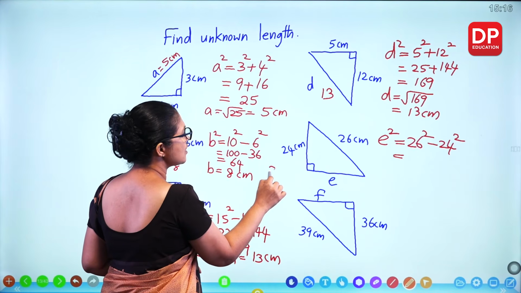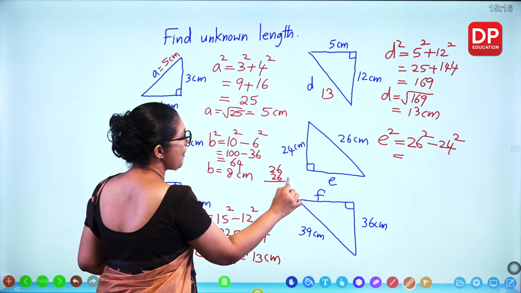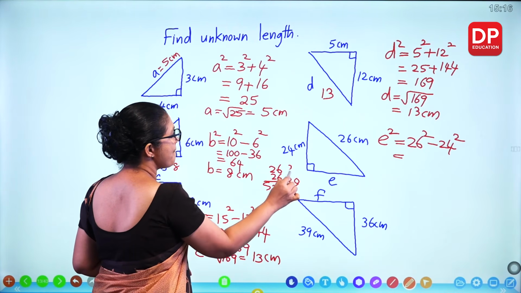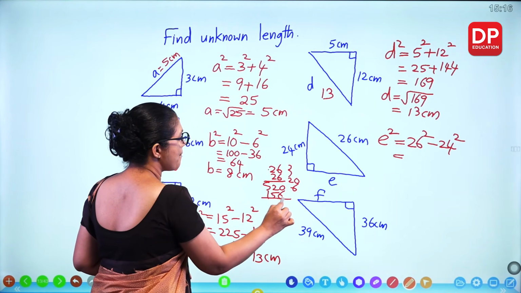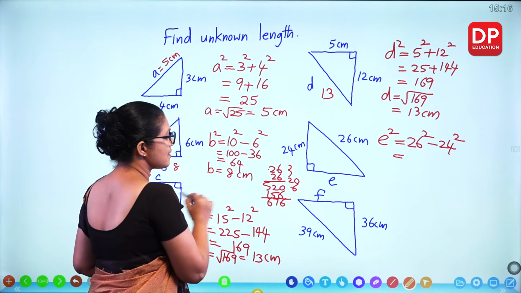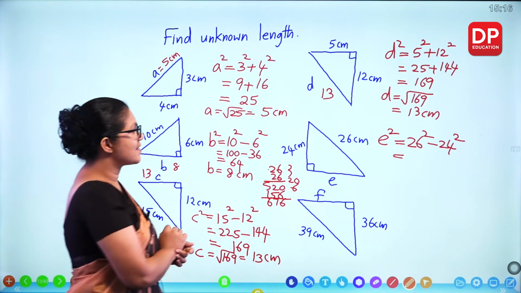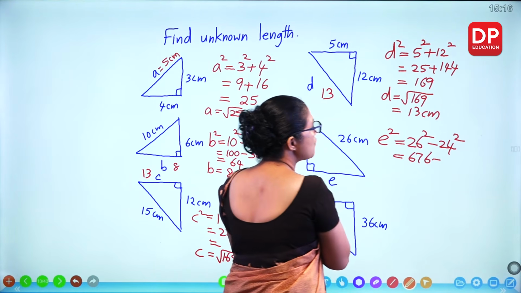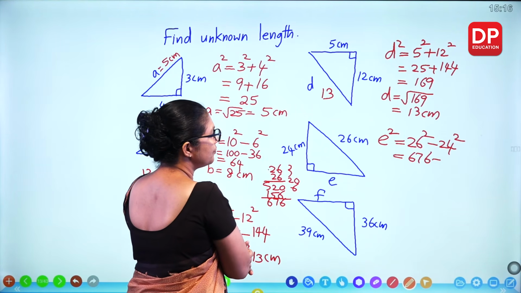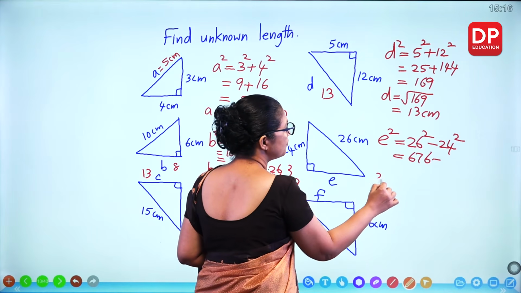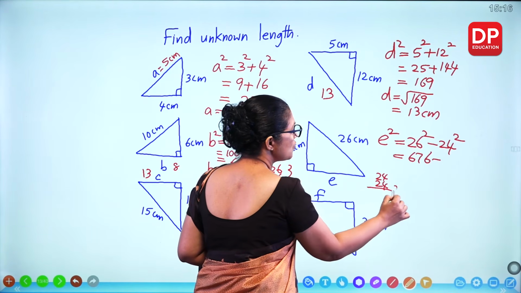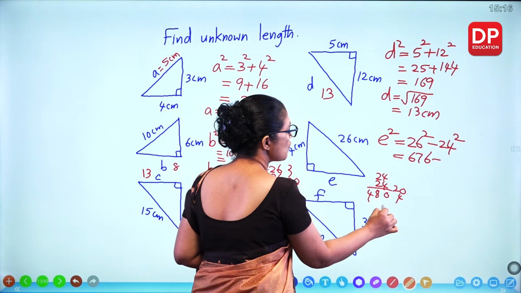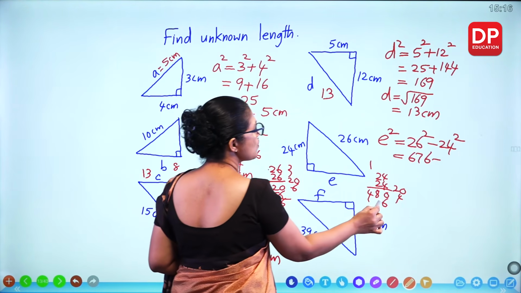We'll check it. 26 into 26. 676. 676 minus 24 times 24. 20 and 4. 2 times 4, 8. 2 times 2, 4. 4 times 4, 16. 4 times 2, 8 plus 1, 9.